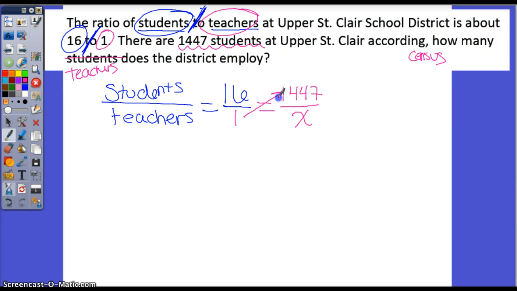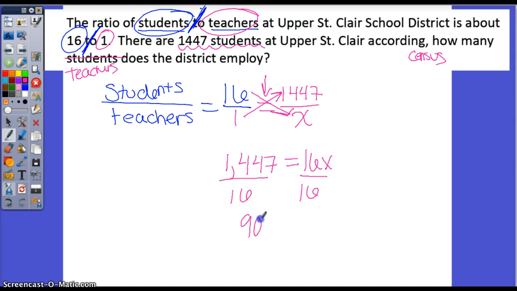Well, notice we had our equal sign though. 1 times 1,447 is 1,447, equals 16 times x, or 16x. Divide both sides by 16, and you end up with 90.4 equals x. So your answer is about, you can't have 0.4 of a teacher, so it's about 90 teachers.